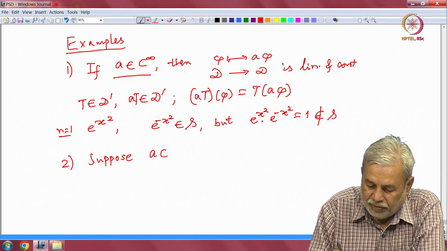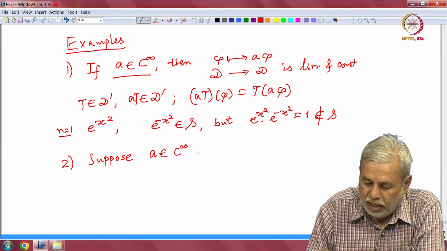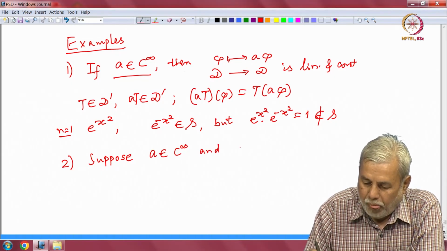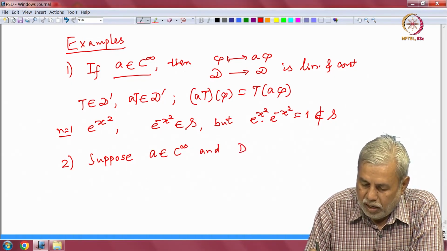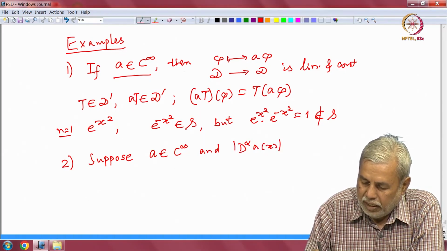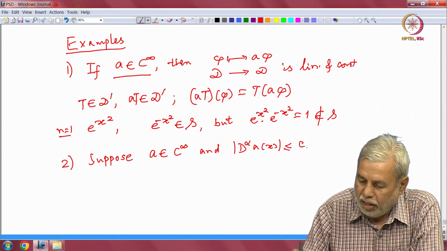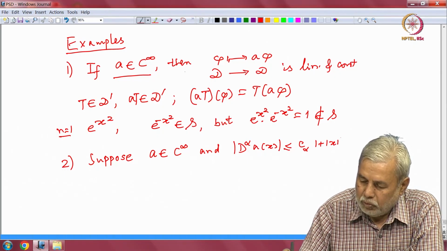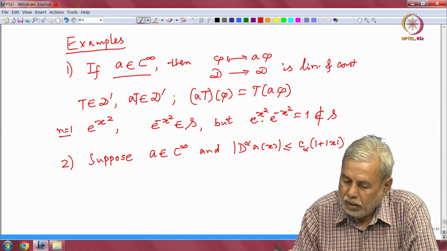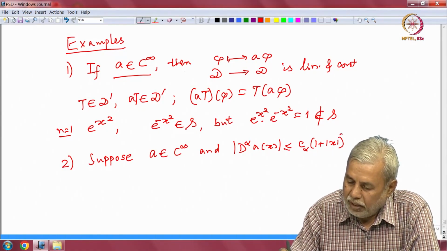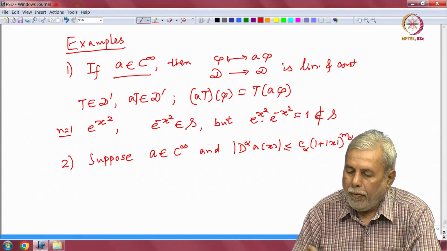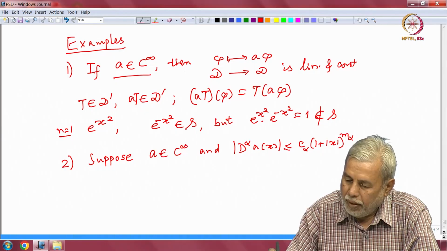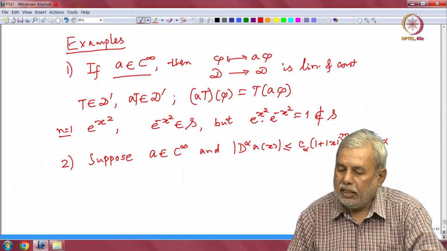Suppose A belongs to C infinity, and the derivatives D alpha A(x) are less than or equal to C alpha times (1 plus mod x) to the power m alpha, for all multi indices.